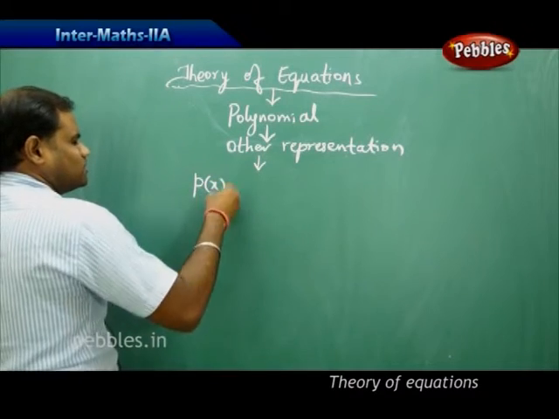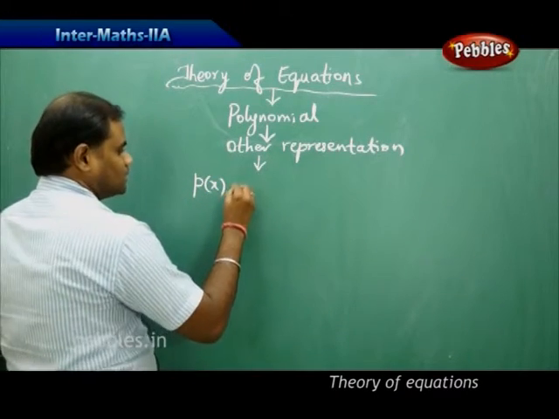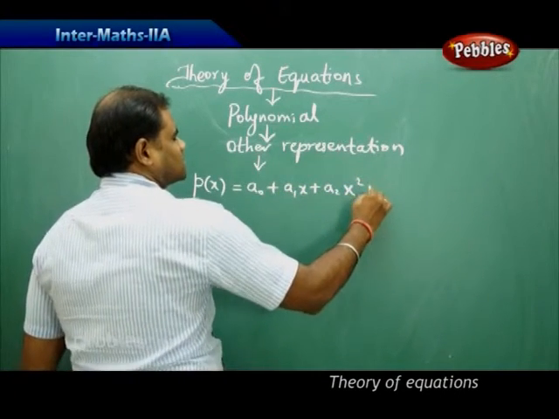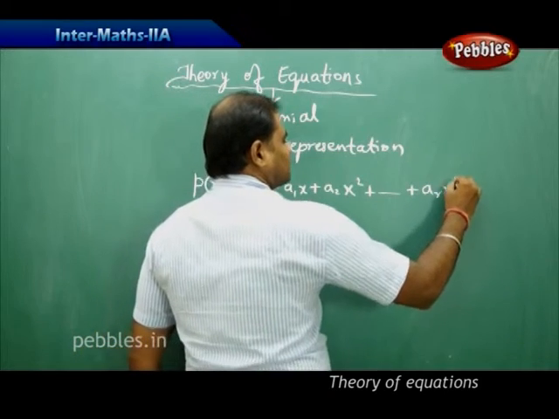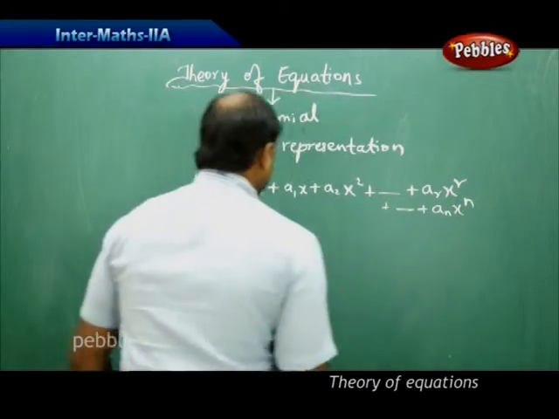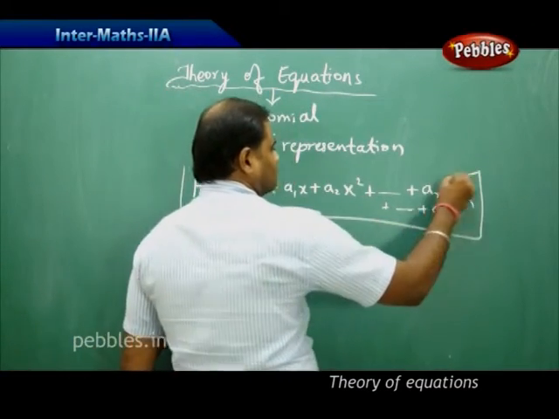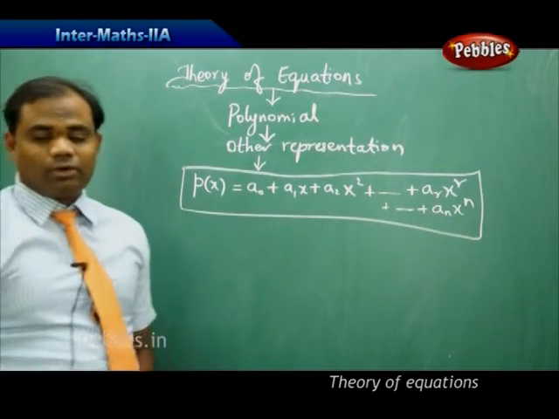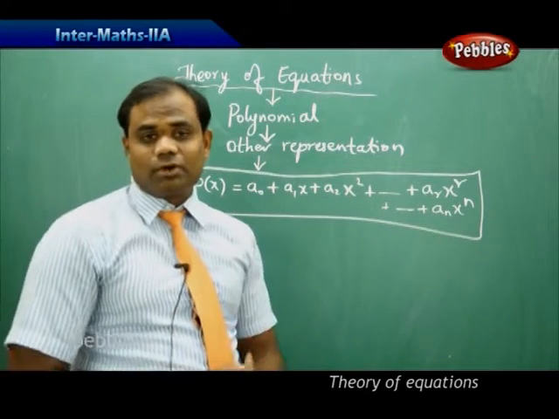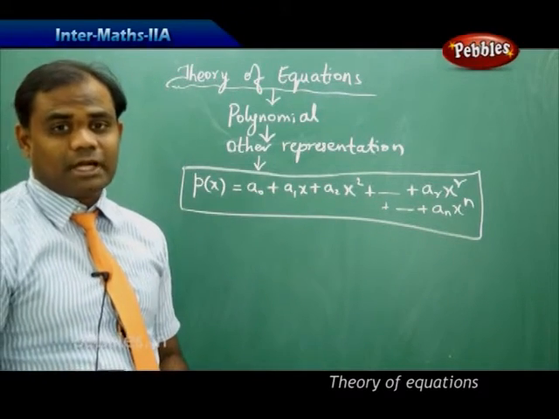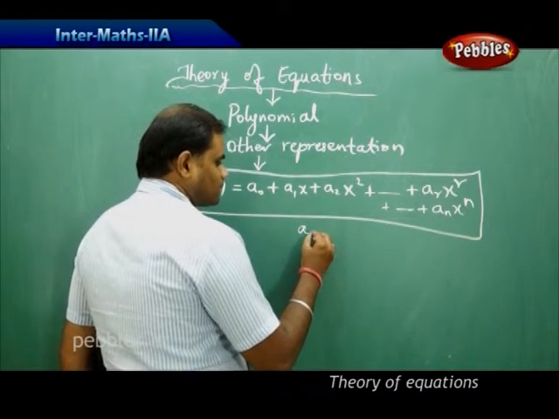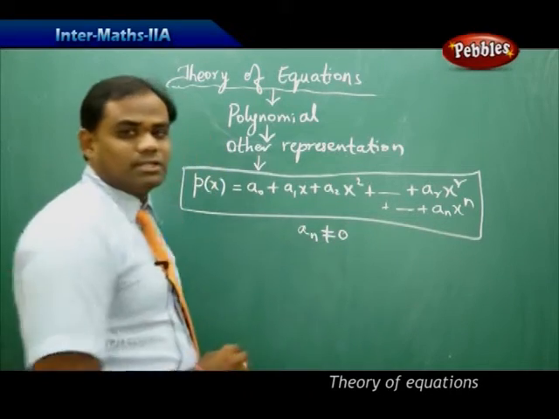A polynomial, which is denoted by either p of x or f of x, is also given by a naught plus a1 x plus a2 x squared plus ar x power r till an x power n, is how we define a polynomial with the coefficients coming from last to first. So it doesn't matter in which order the coefficients are written, but the definition has to be taken care of.